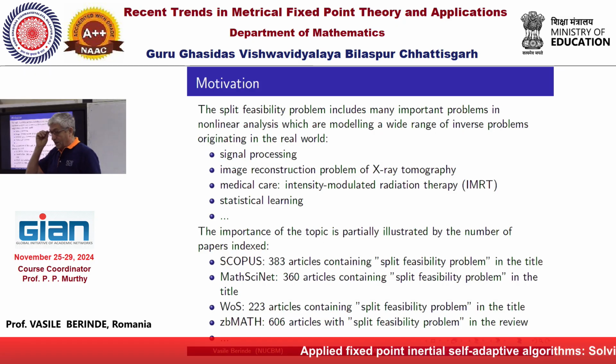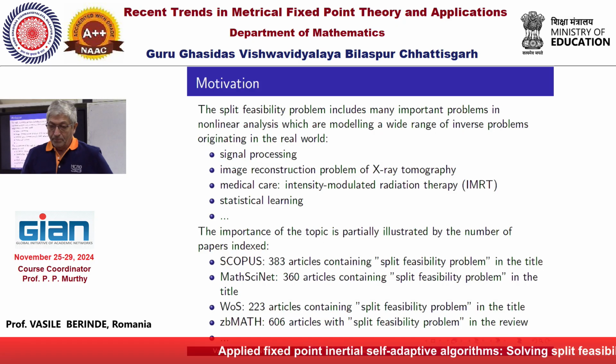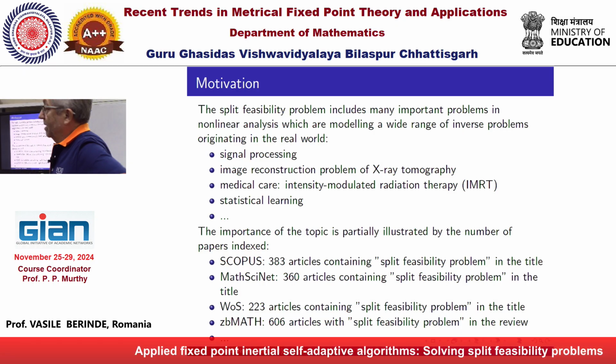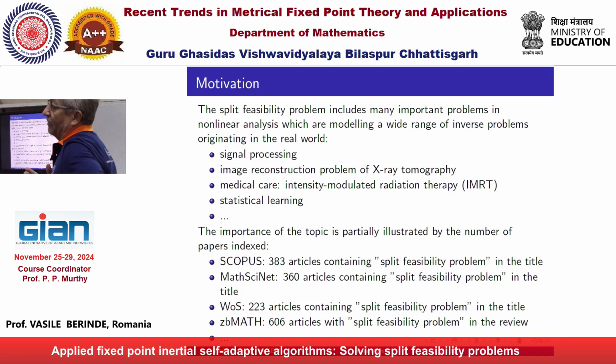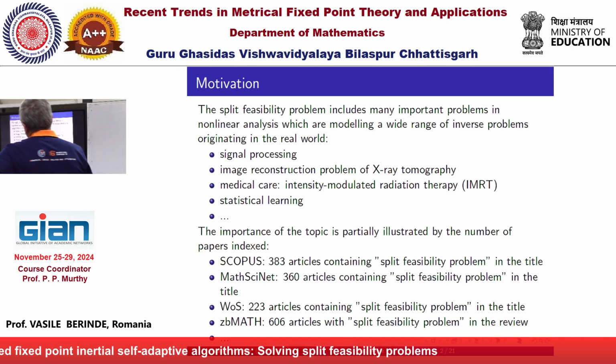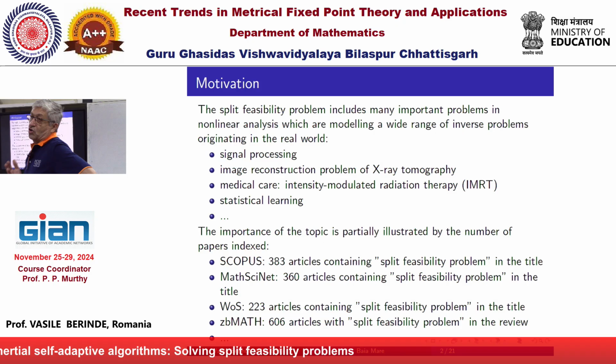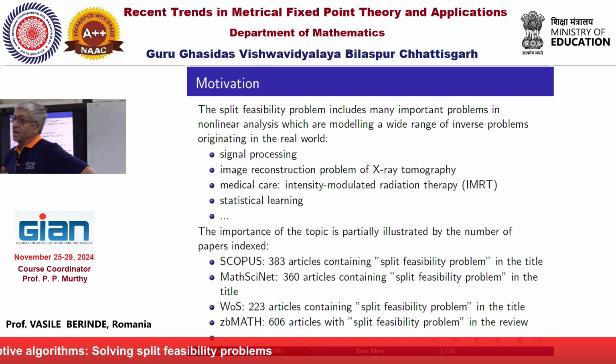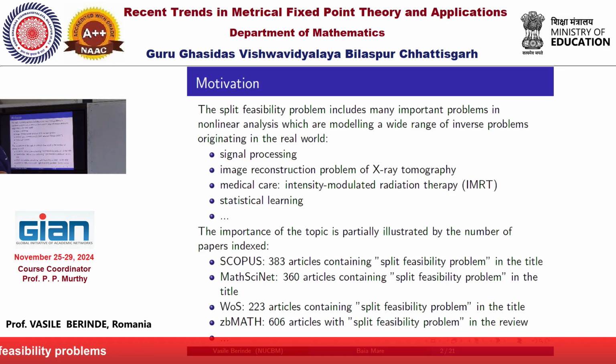In my opinion, the most important kind of problems in that area are these inverse problems, which are not artificial problems, but are coming directly from real world applications. So we need to consider such kind of inverse problems.